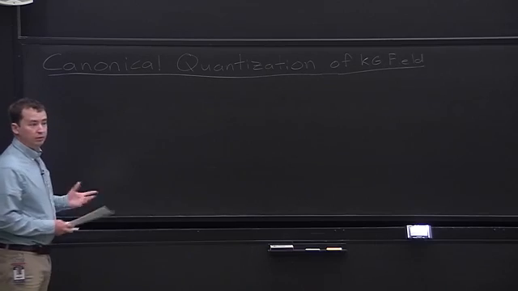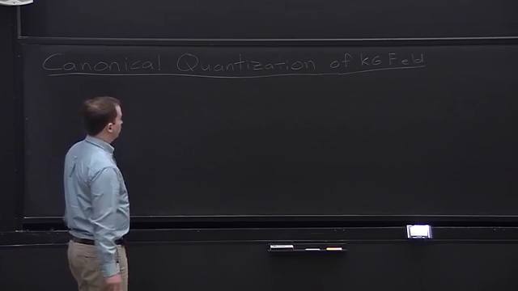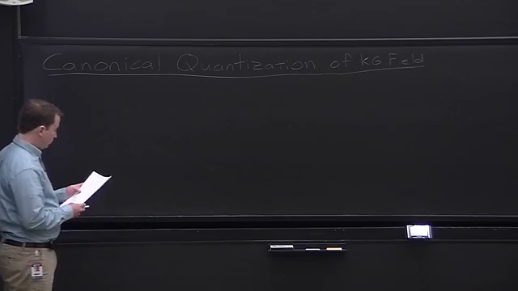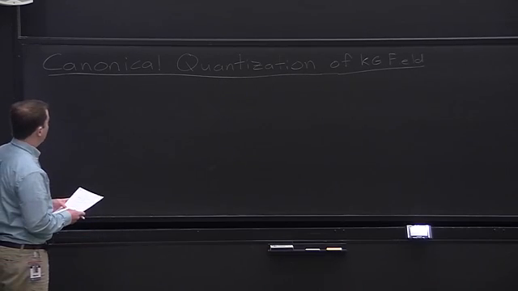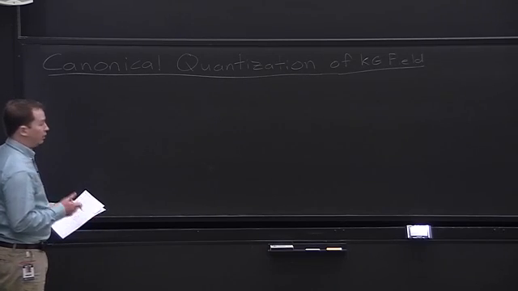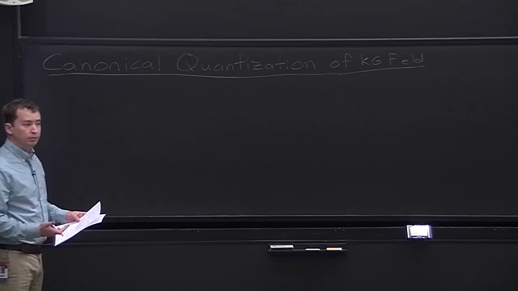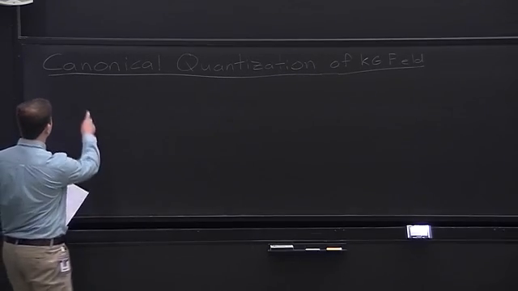So this is the simplest possible example of a quantum field theory. And the way we're going to proceed is through canonical quantization, which will work very much in the same way as you're used to from ordinary non-relativistic quantum mechanics.